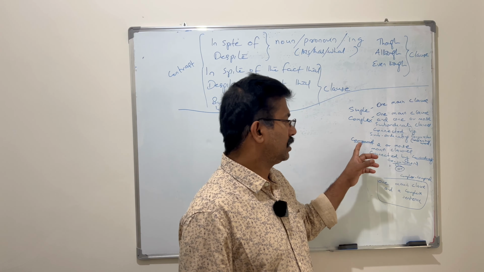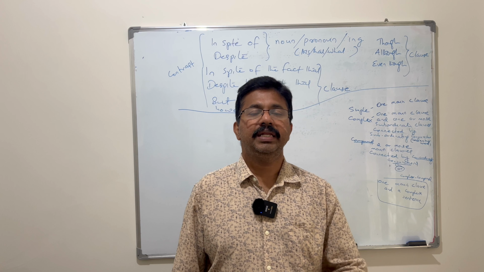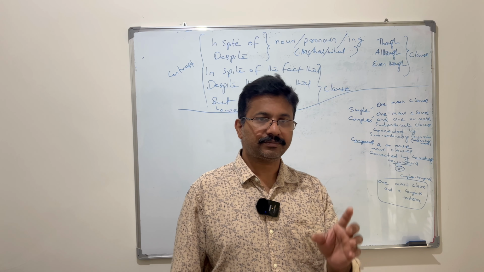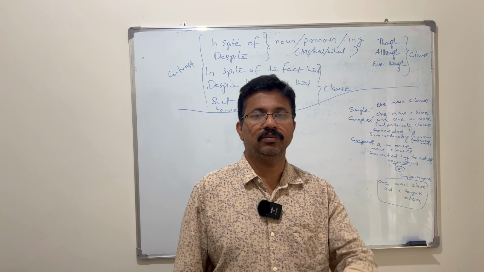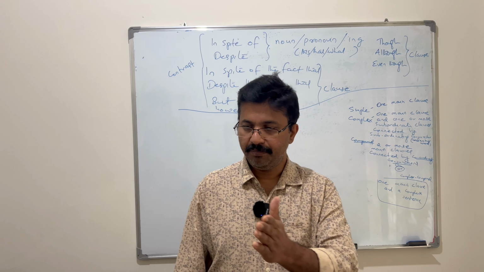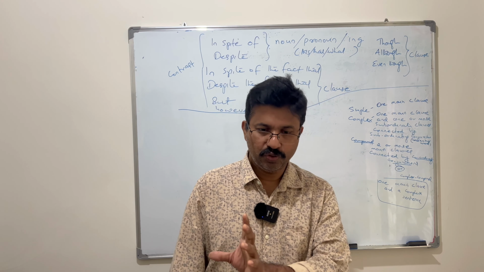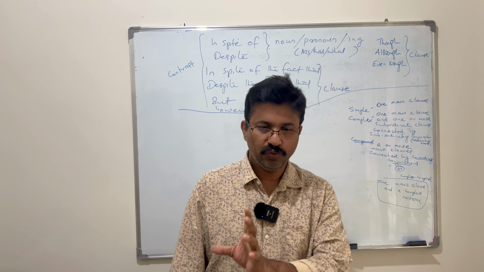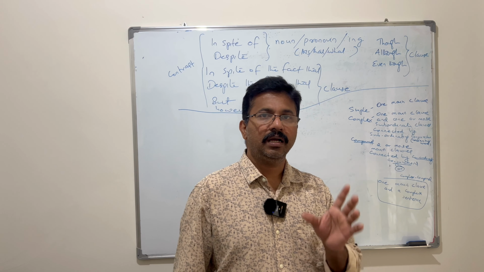So the definition is: a compound sentence consists of two or more main clauses connected by coordinating conjunctions, coordinating connecting words. There may be one main clause and another main clause. These two main clauses are connected by coordinating conjunctions.